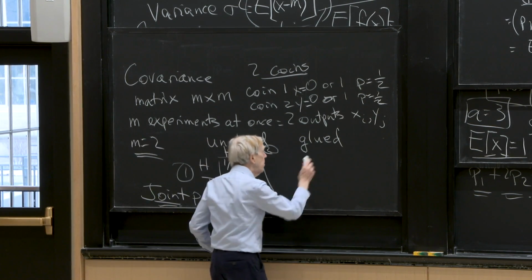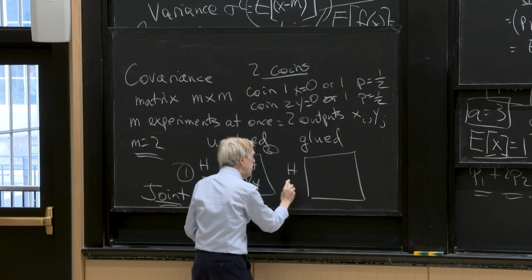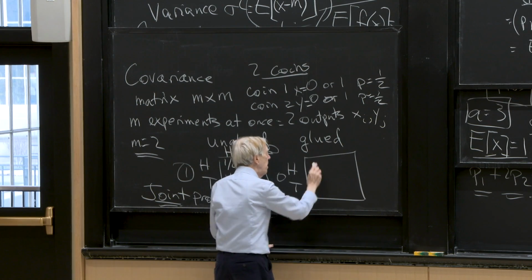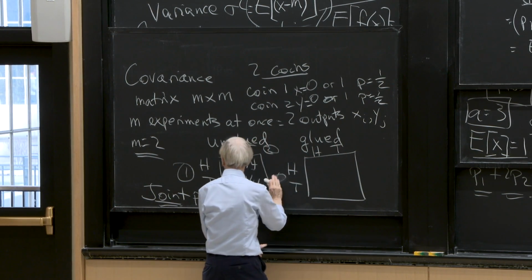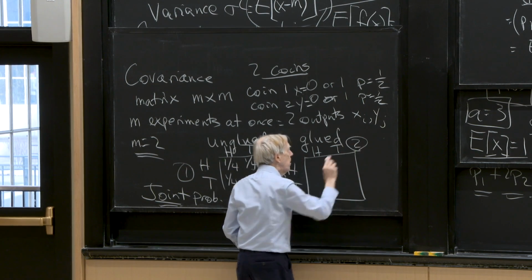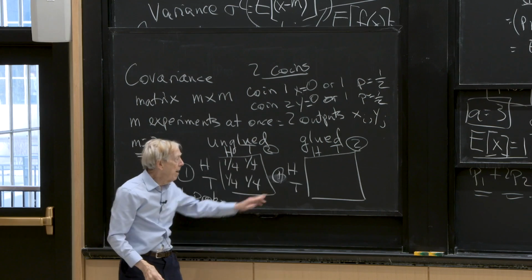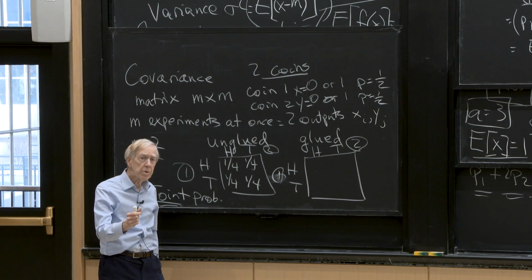But now if they're glued, heads and tails on the first coin, heads and tails on the second coin. Okay, now what do I put in there? So the two coins are glued together.